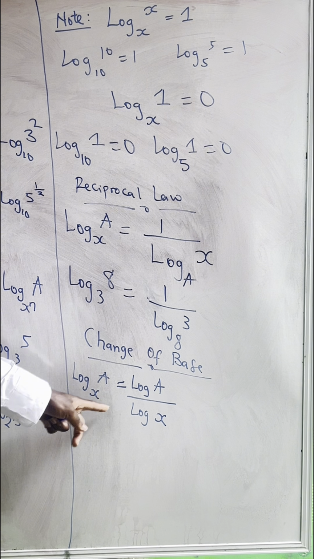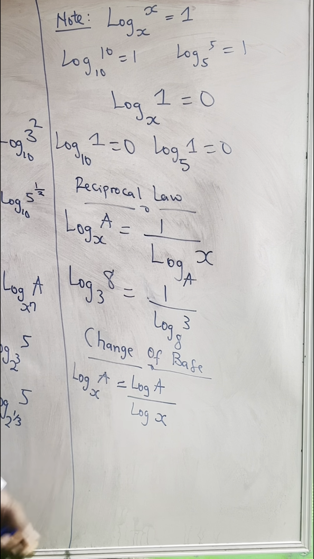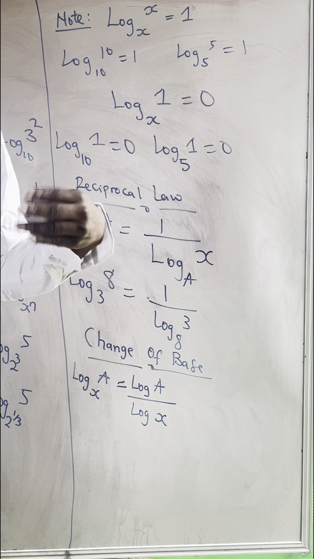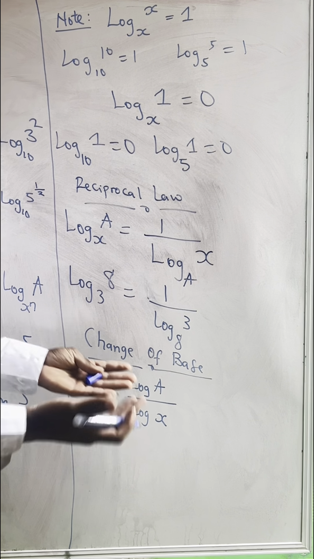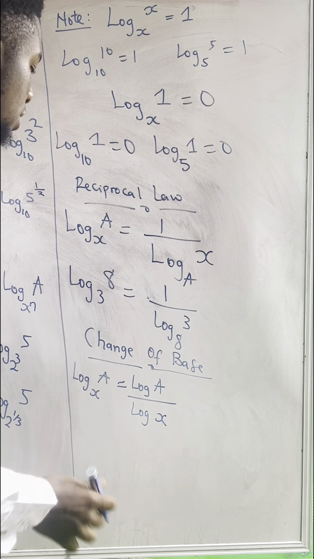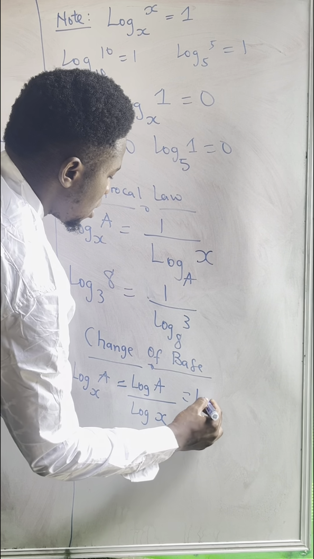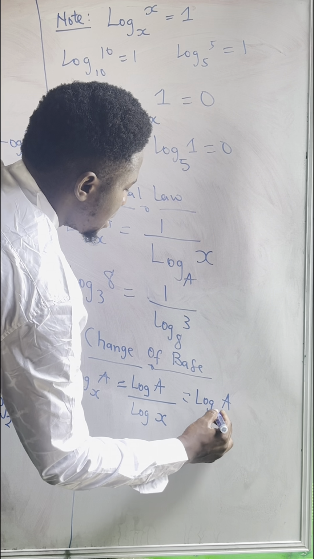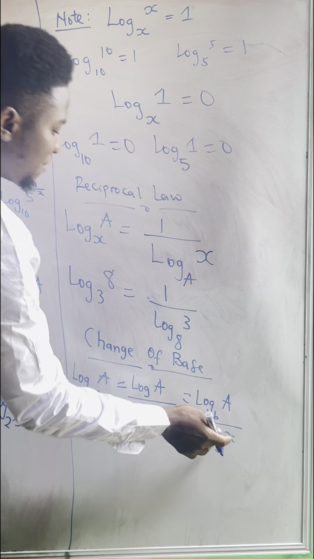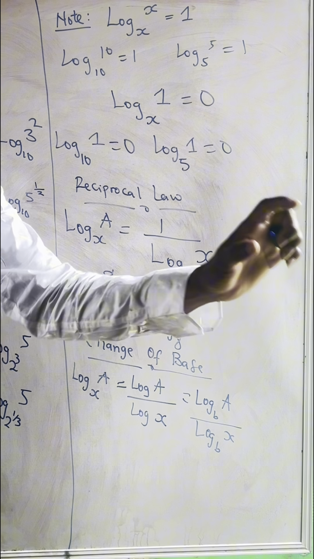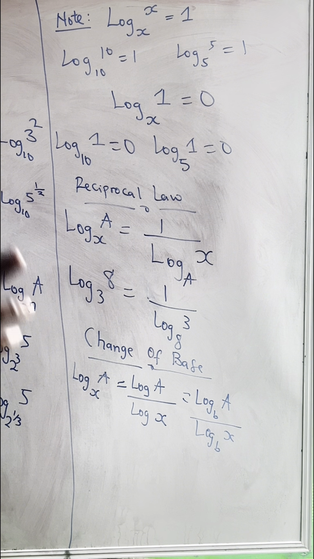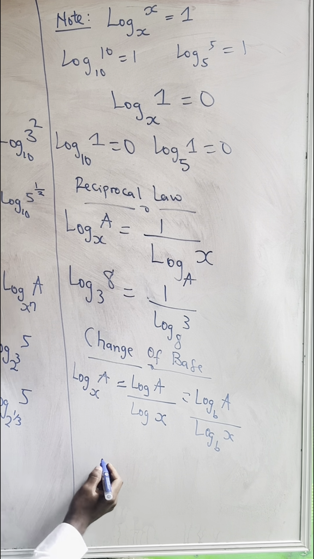So log a base x will be equal to log a over log x. If I wish, I can give them a common base, any base. I decide to rewrite it as log a base b over log x base b. So you can give them any base you wish, depending on the question. That is the change of base law.